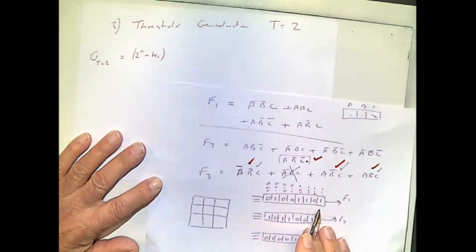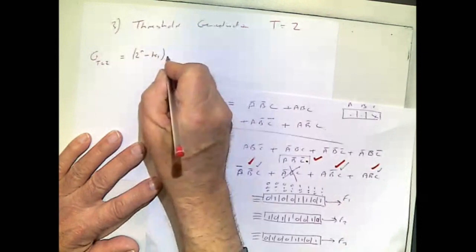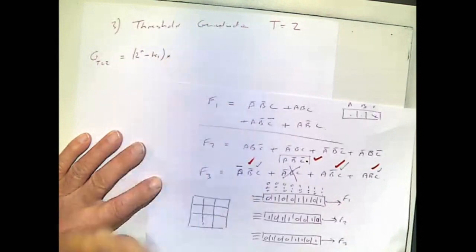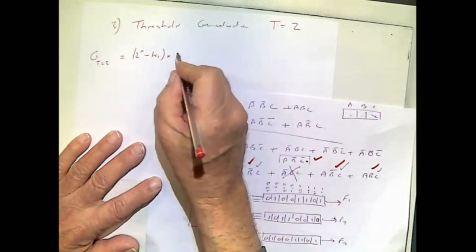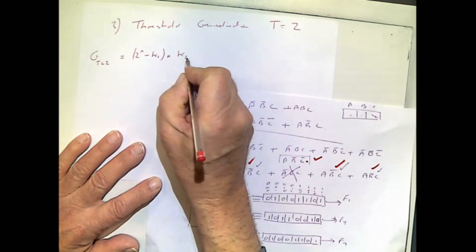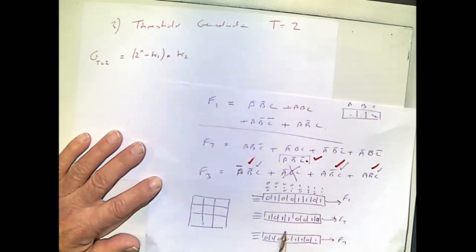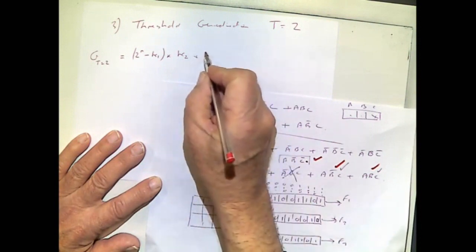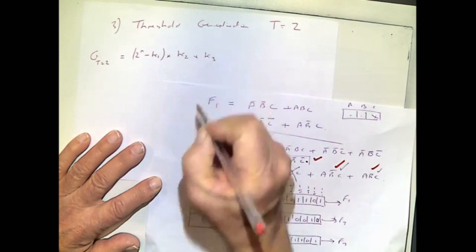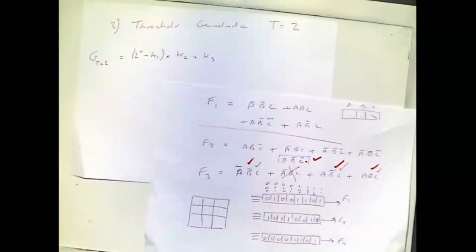That's the probability of getting a naught here, where k1 is the number of bits set in the first function, multiplied by, again, a product series. It is going to be k2, and that would be the number of ways of getting a 1 from the second function, multiplied by k3. And that will uniquely tell you the number of patterns that gives a 011.